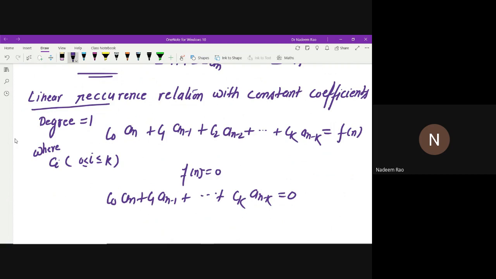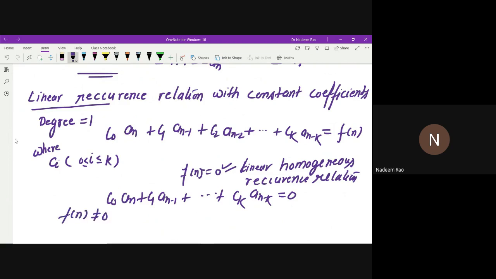And if f(n) is not equal to 0, then it is said to be a non-homogeneous linear recurrence relation.